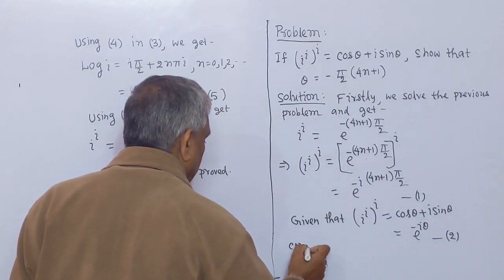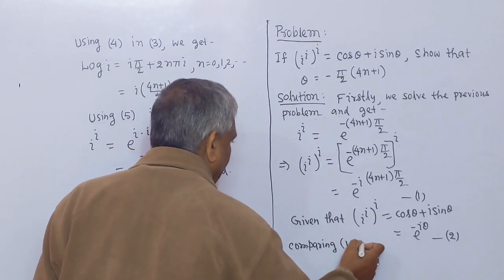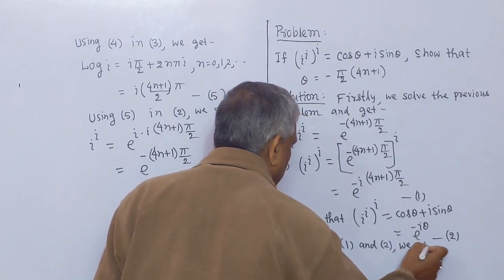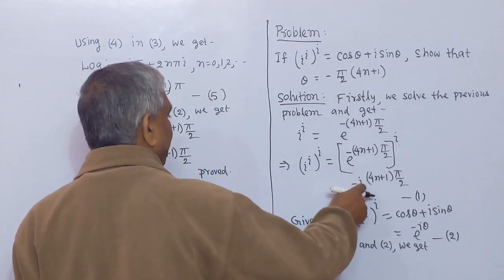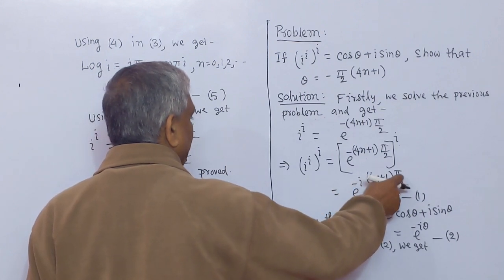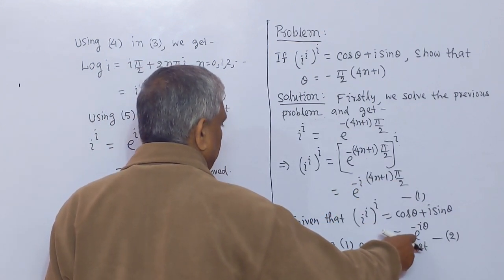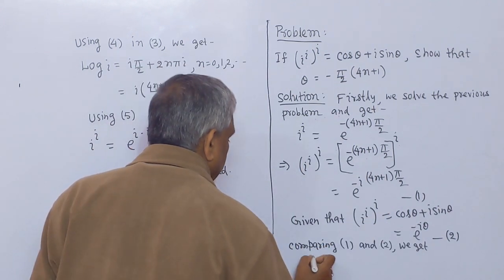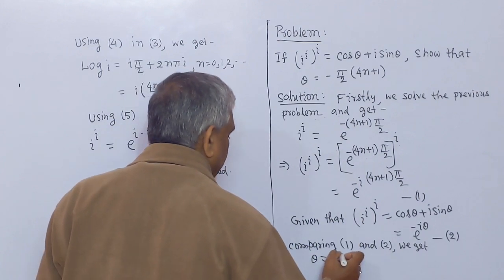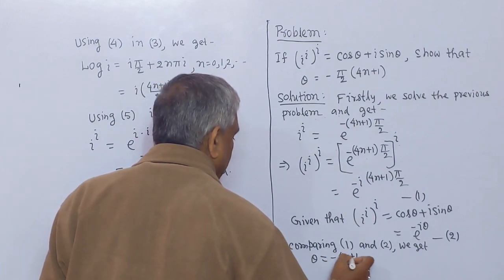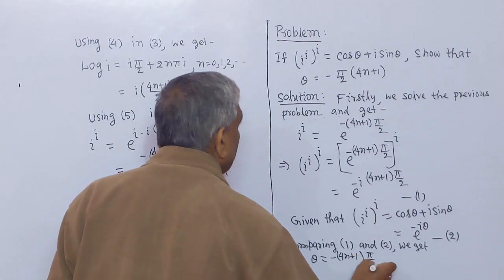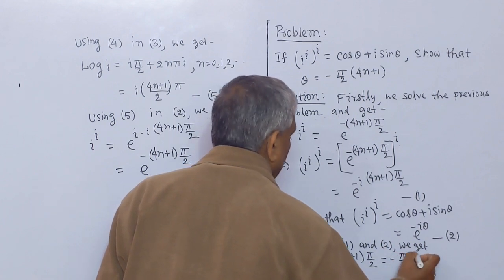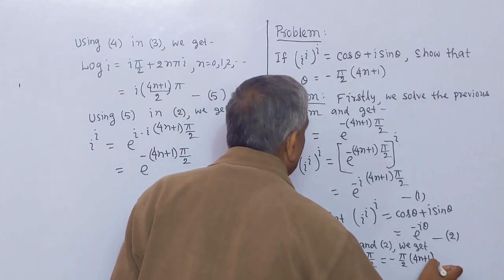Comparing 1 and 2, we get e to the power minus i multiply (4n plus 1) pi by 2 and e to the power minus i theta. Left side same, so theta will be equal to minus (4n plus 1) pi by 2. We may write this as minus pi by 2 (4n plus 1). Proved.